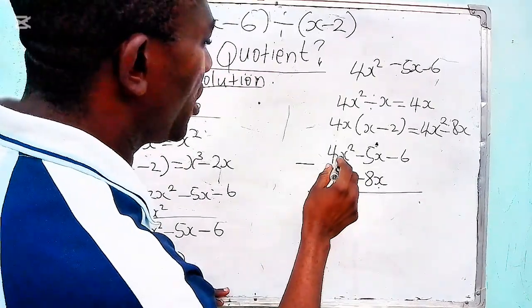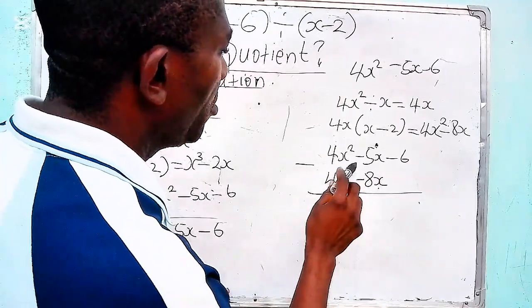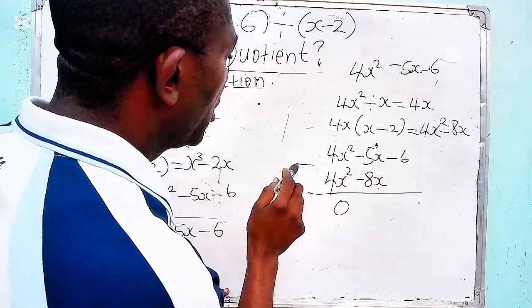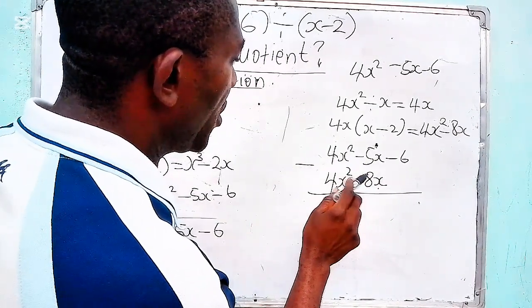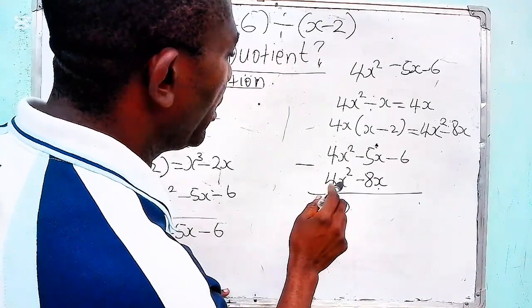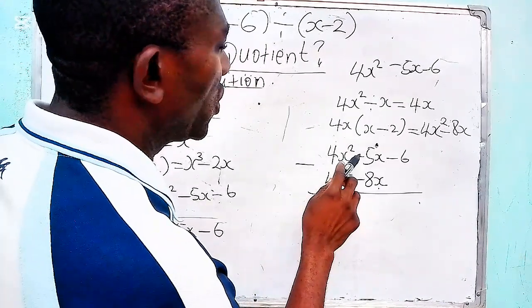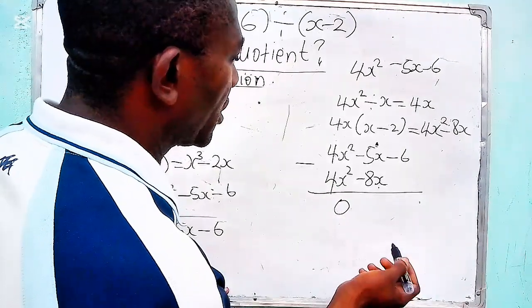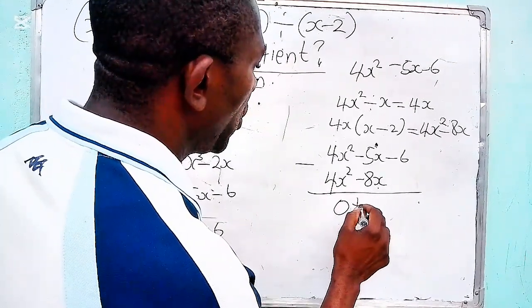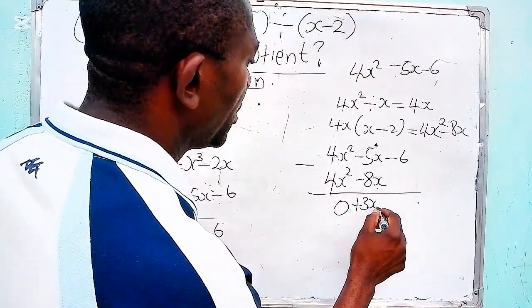At the end, when you minus this, you have 0 minus 5x minus 8x. Remember, there's plus there. So at the end, we are going to have minus 5x plus 8x. And we're going to have plus 3x.